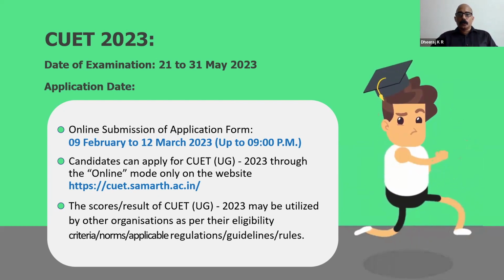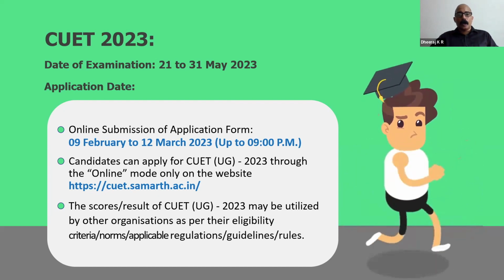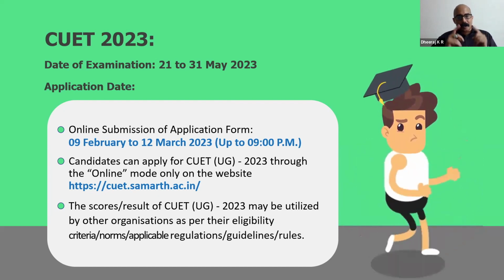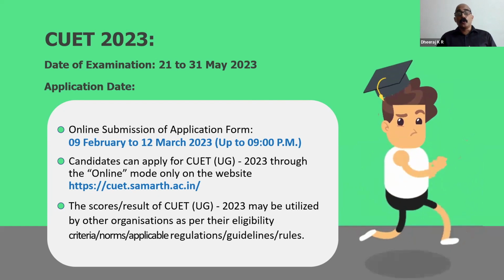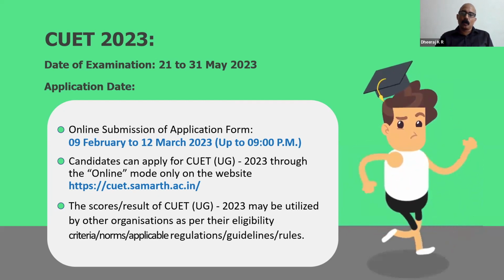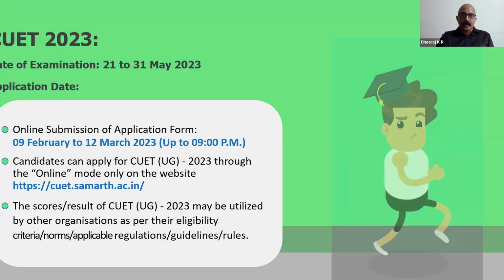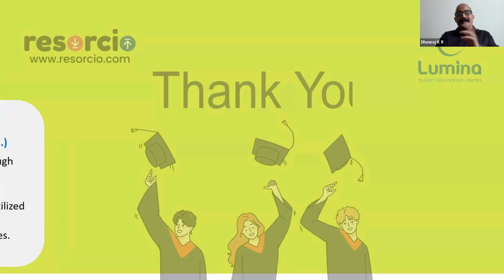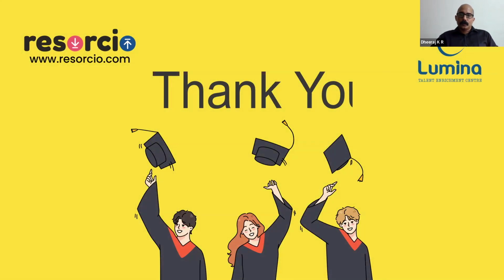So that is also a very good option. You can write a single exam and you will be considered by almost 50+ universities in the country. So that is the highlight of this exam. So that's all from my side.